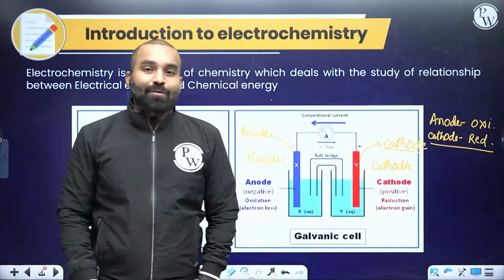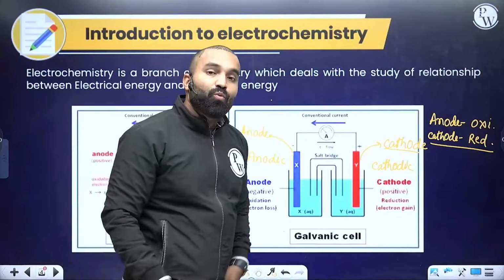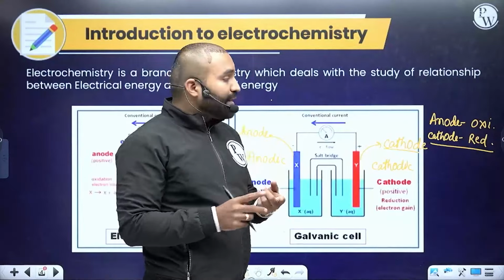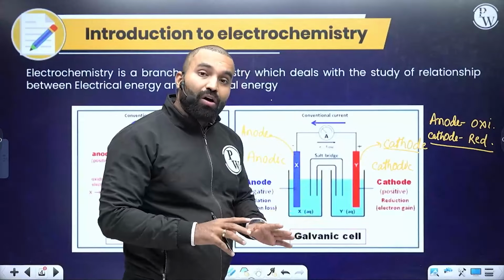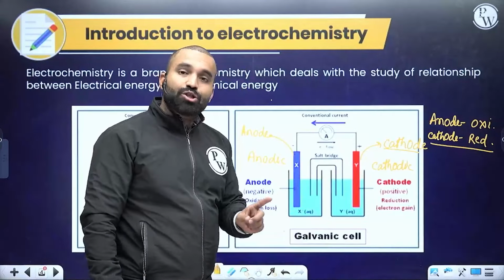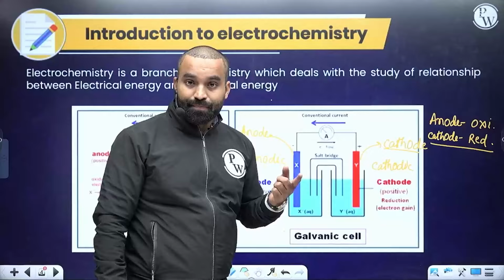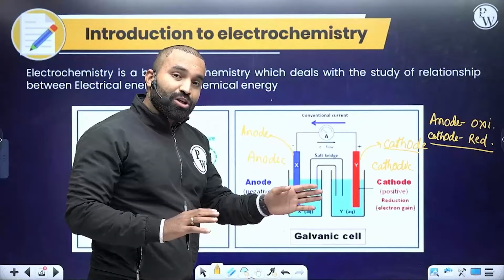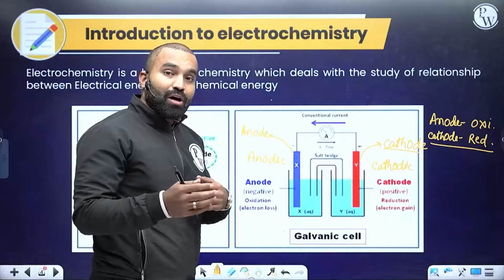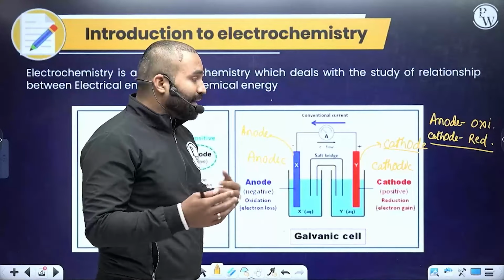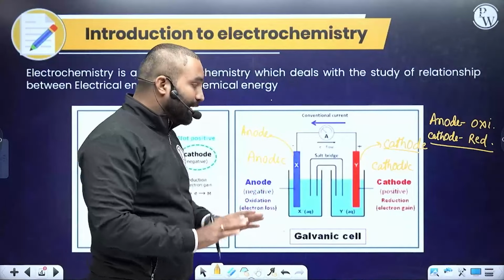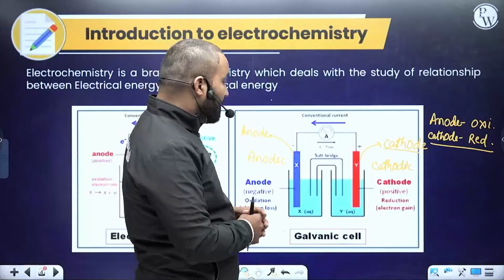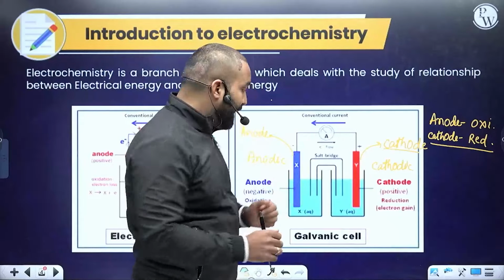Write down in the chat box, in the comment box, and tell me how you identify whether a reaction is an oxidation or reduction process, based on electron gain or loss, right? Not in terms of hydrogen loss or hydrogen gain or electronegative element given and taken. No, not all those, just electron loss or gain.